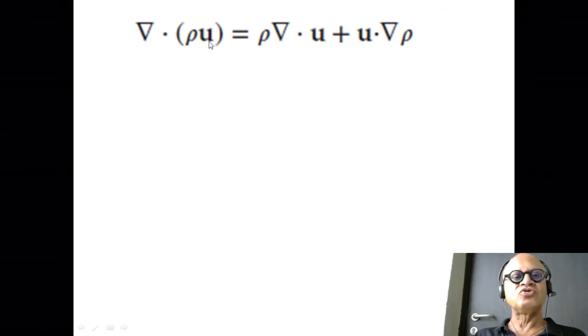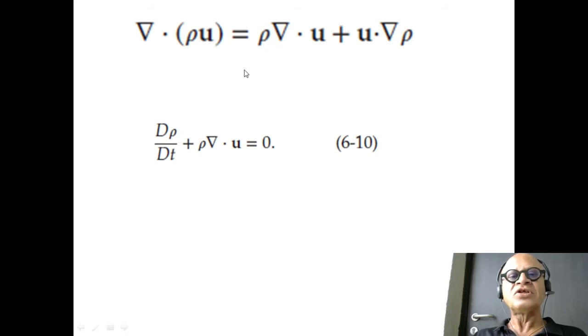Rho, so you know how to expand that exactly like this: rho divergence u plus u dot grad rho, that's the gradient of density. So what did we do here? We took the u dot grad rho with d rho/dt.